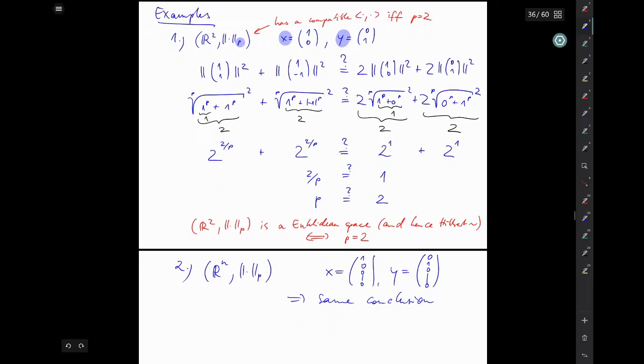And the same also works if you take infinitely long vectors. So you could also look at lp with, of course, the p norm, otherwise it's not a normed space. Same proof, same conclusion.